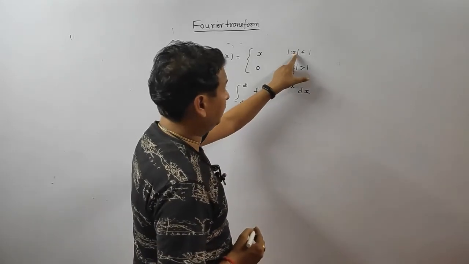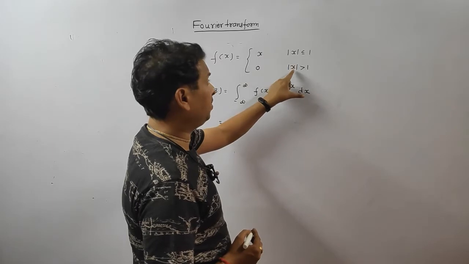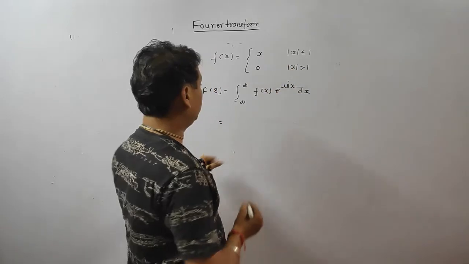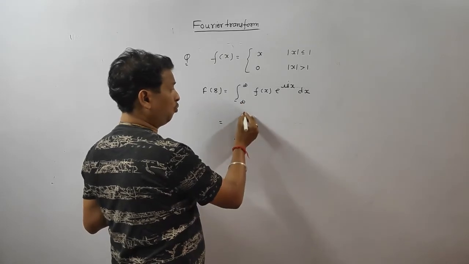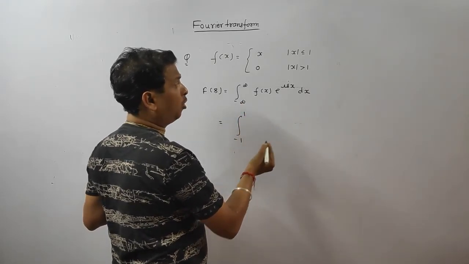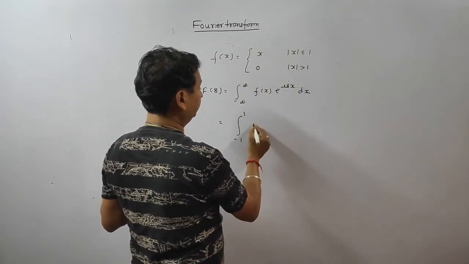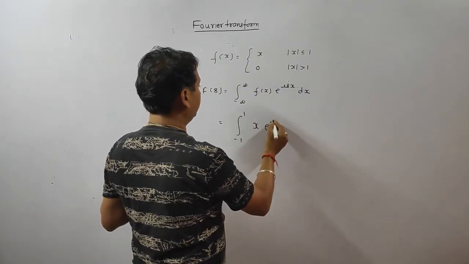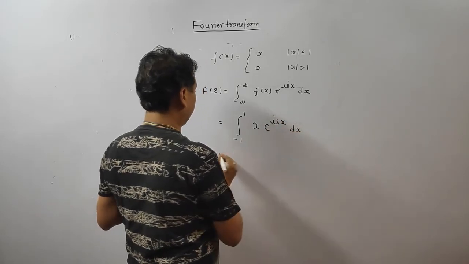Here x is valid from -1 to 1, where the value is there. For all remaining values, the value is 0. So the integral limit is from -1 to 1 only. And what is f(x)? x e to the power iota sx dx.